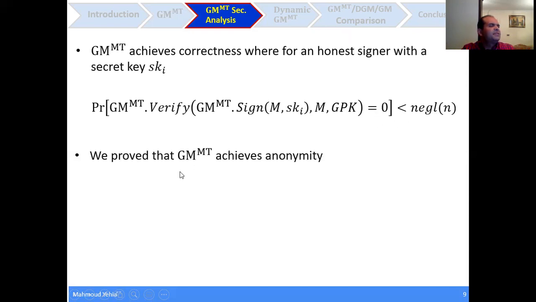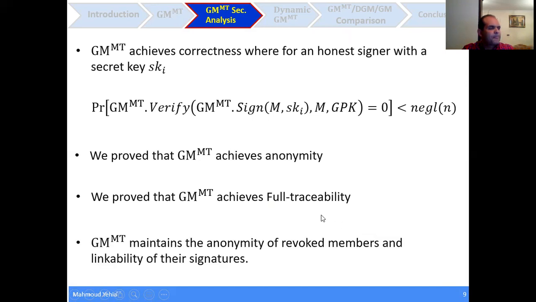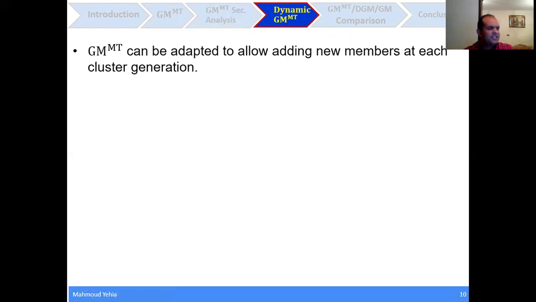Then we proved that the GMMT achieves anonymity and also full traceability. Also, we proved that the GMMT maintains the anonymity of revoked members and the linkability of their signatures.